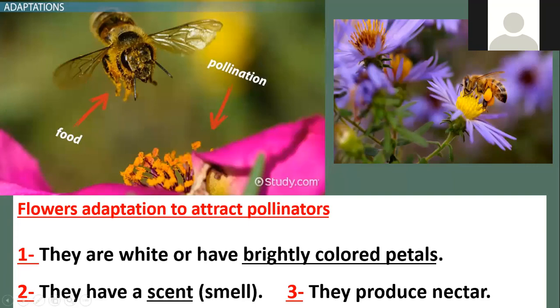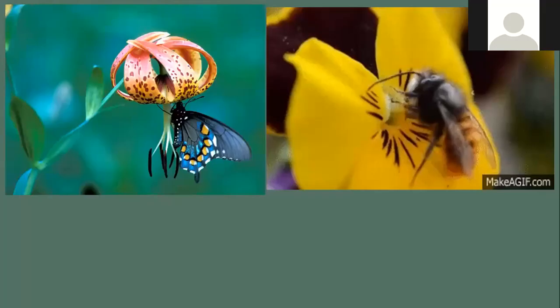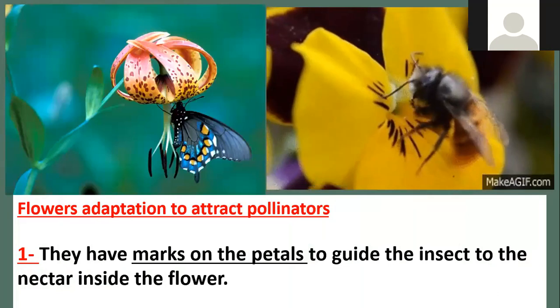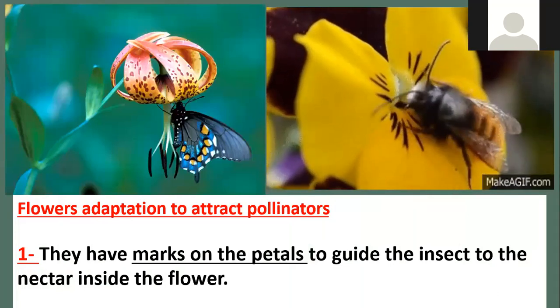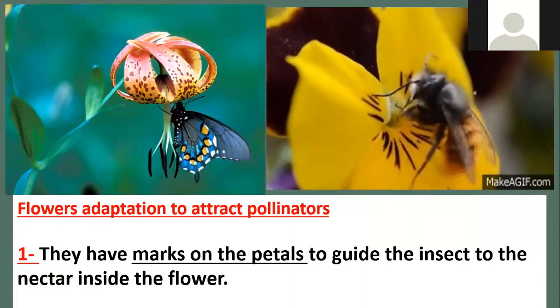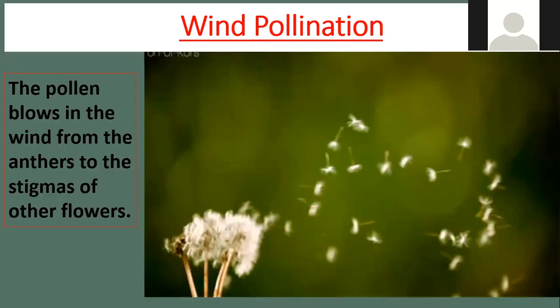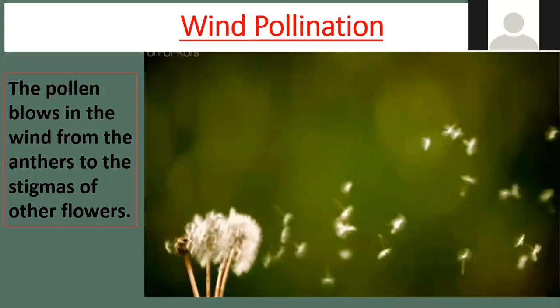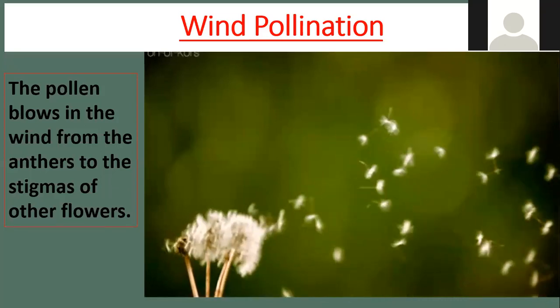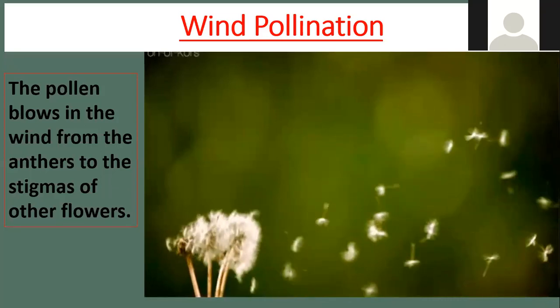Number two, they have a scent or a smell. Number three, they produce nectar, and they have stripes, marks on the petals to guide the insects to the nectar inside the flower.